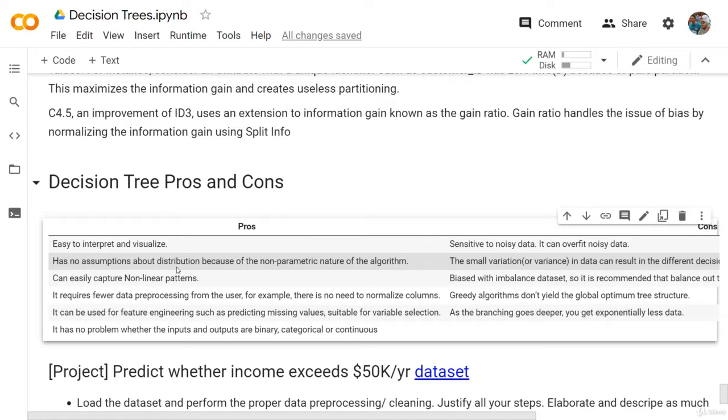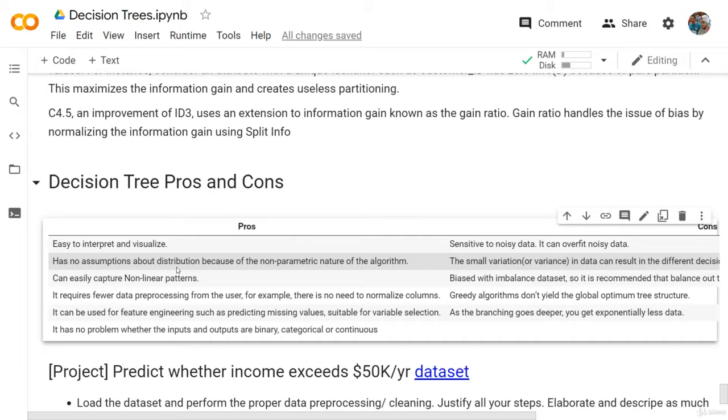The second pro for the decision tree is that it has no assumption about the distribution of the data, just like the KNN. Because it's a non-parametric model, we didn't really introduce any parameters when we talked about the decision tree, right? We just introduced hyperparameters, which are found in any machine learning algorithm, but for the parameters, we didn't really discuss any, because we don't really have any.